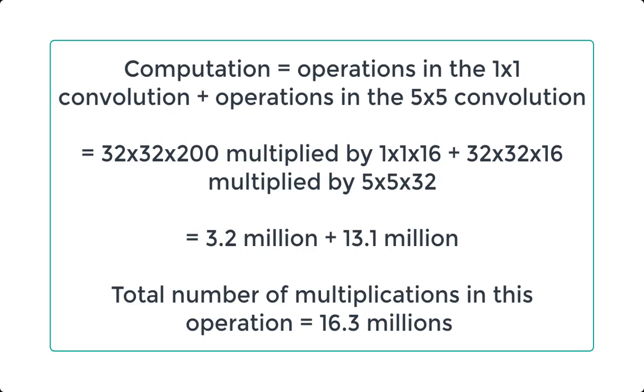That is, in the 1x1 convolution, the number of operations is 32 by 32 by 200 multiplied by 1x1 by 16. And this plus the operations in the 5x5 convolution, which is 32 by 32 by 16 multiplied by 5 by 5 by 32. So this comes to 3.2 million plus 13.1 million.